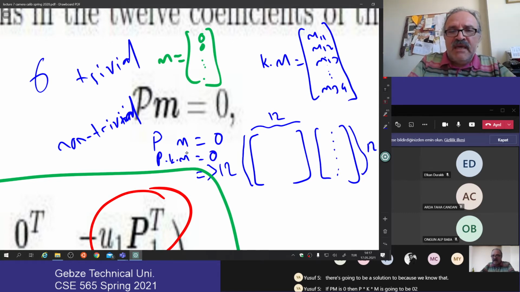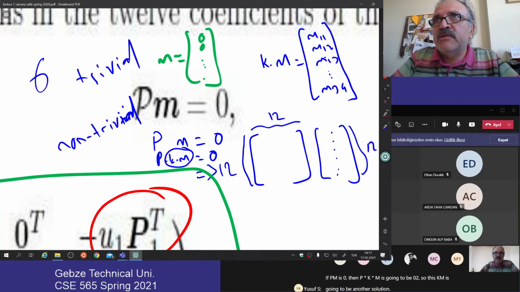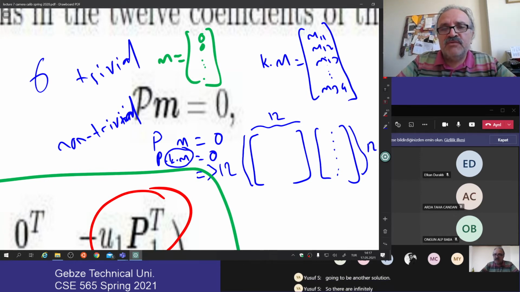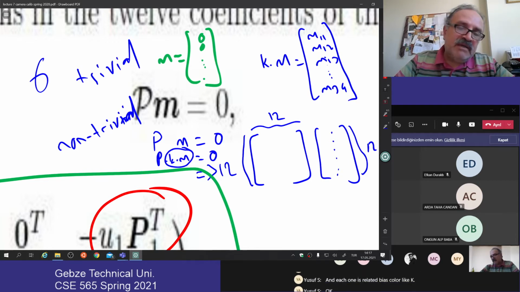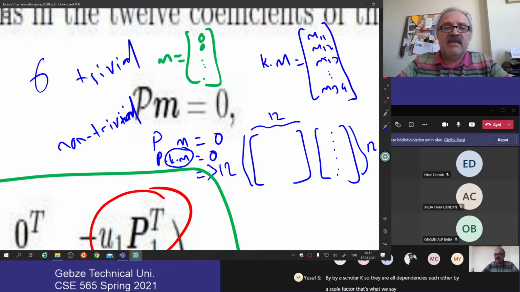So this KM is going to be another solution. So there are infinitely many solutions to this system, and each one is related by a scalar like K. They are all dependent on each other by a scale factor.